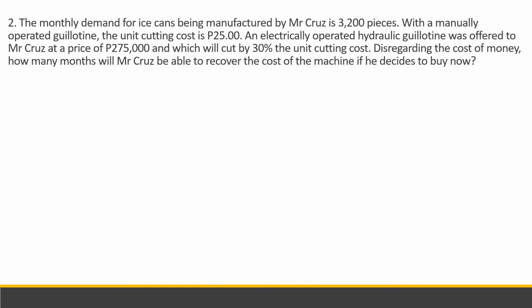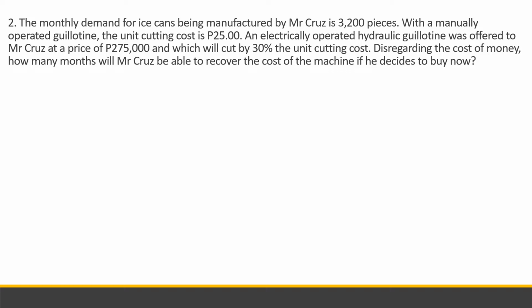So second problem, the monthly demand for ice cans being manufactured by Mr. Cruz is 3,200 pieces. With a manually operated guillotine, the unit cutting cost is 25 pesos. So on using this manually operated guillotine, the cost for each can being cut is 25 pesos.